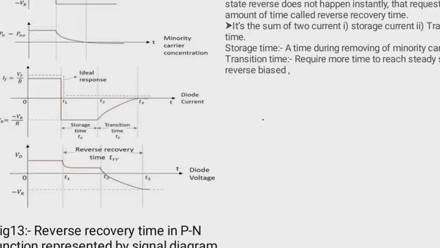This is the time required for removing the minority charge particles, and that is why it is called the storage time, calculated by minus VR by R.